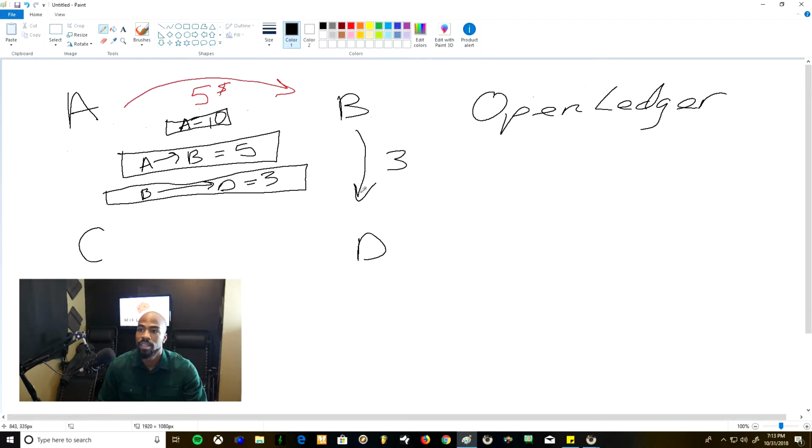Alright, now let's suppose that D wanted to transfer $4. Everybody can see that on the ledger.